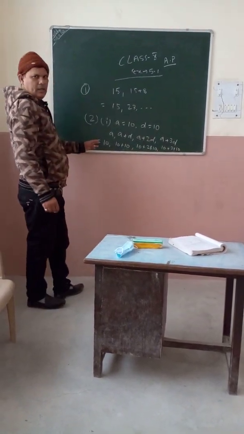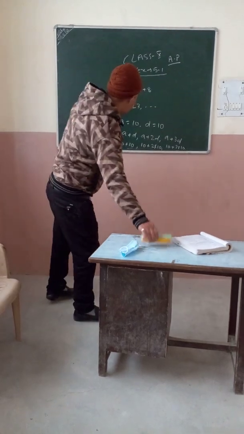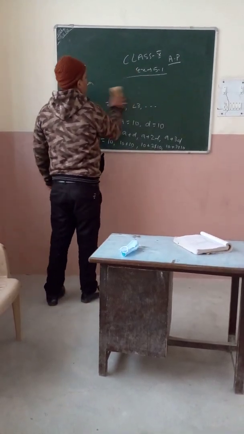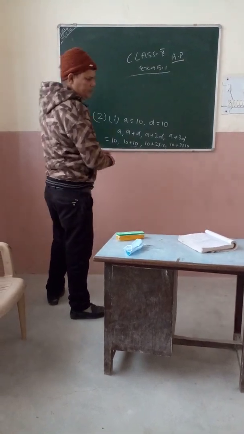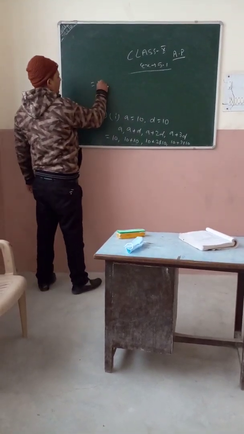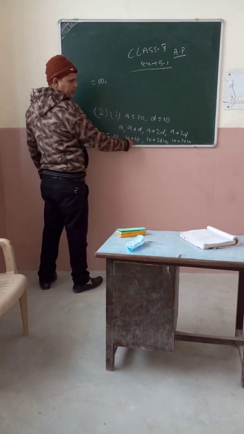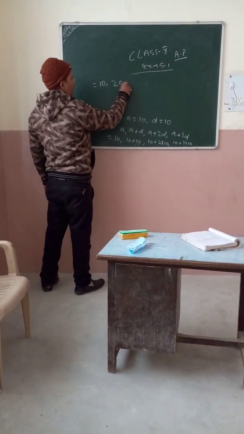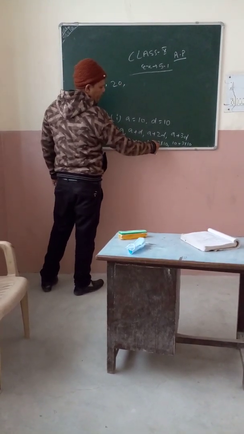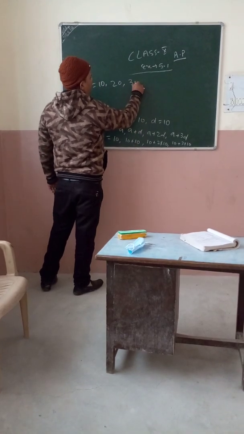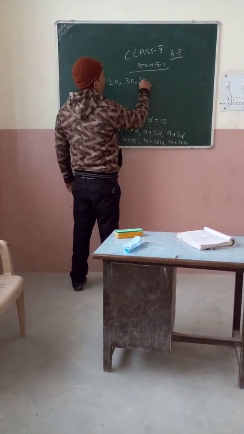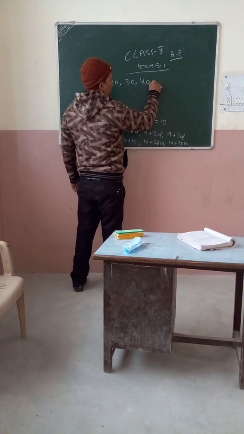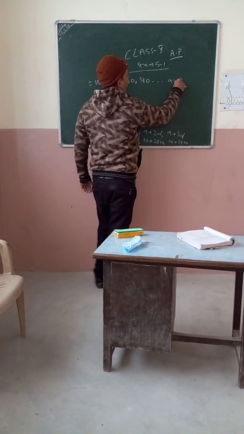Now we can write down 10, 10 plus 10 is 20, 10 plus 20 is 30, 10 plus 30 is 40. These are in AP.